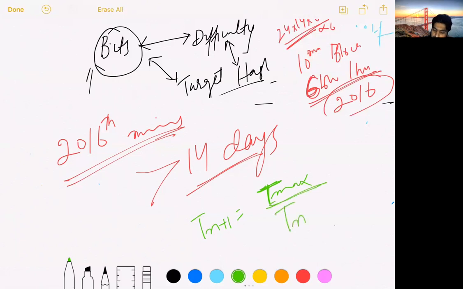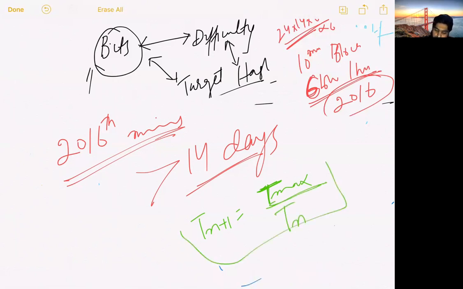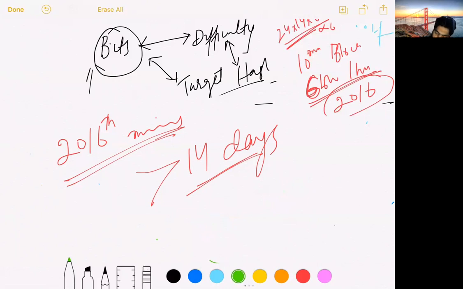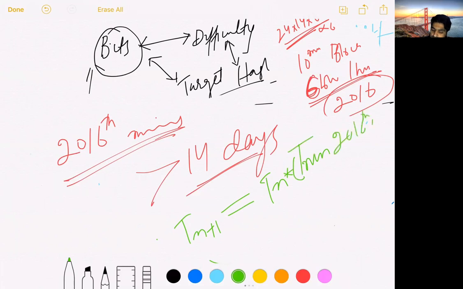Tn, we are calculating Tn. Let's hold on for this formula, I will try to explain the earlier formula first. By this way, we were calculating next target hash equivalent to previous target hash times the total time it has taken in minutes for this 2016th block divided by 20160, right?